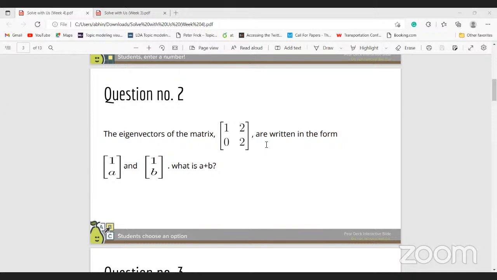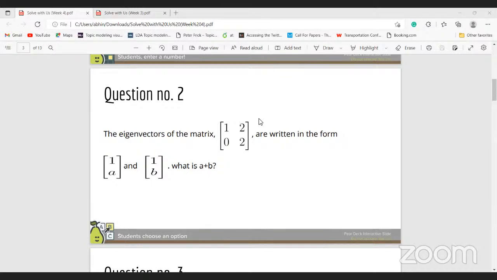So eigenvalues you will be getting 1 and 2 for this particular case. Now suppose you want to find the eigenvector for lambda equal to 1, then what should you do? You have to do (A minus lambda I) x equal to 0. First find out A minus lambda I. When you are taking eigenvalue equal to 1, your lambda becomes 1, correct?